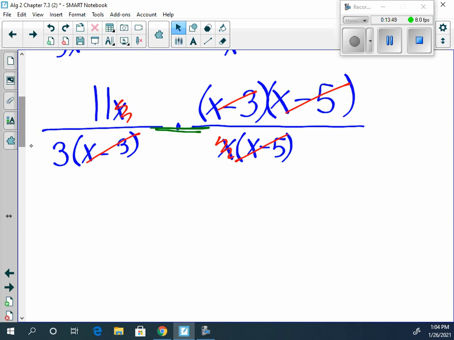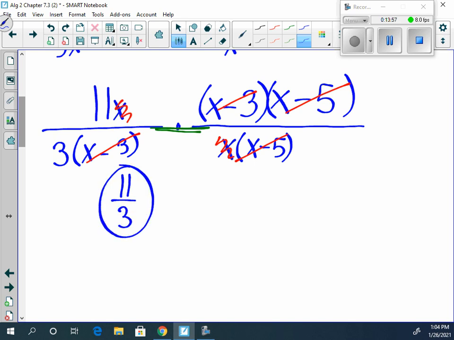And x. And this leaves us with 11 over 3. Now, this isn't always going to work out that we just get whole number answers or fractional answers. It's just worked out on these here that all the variables simplified out.